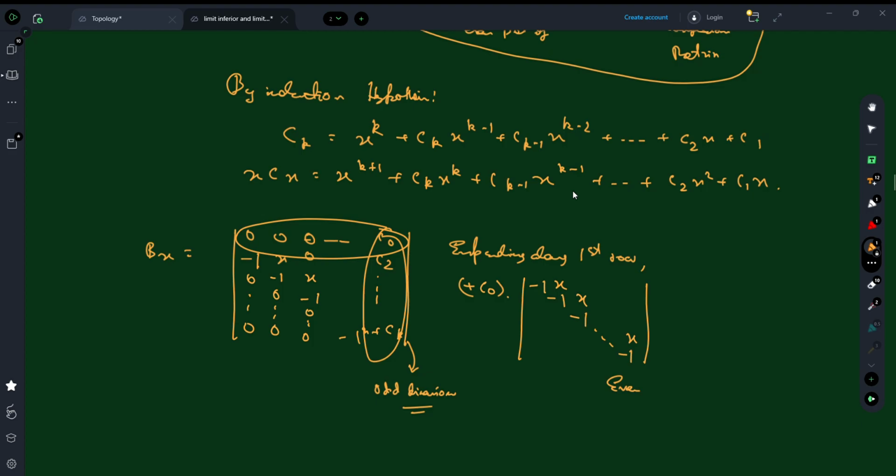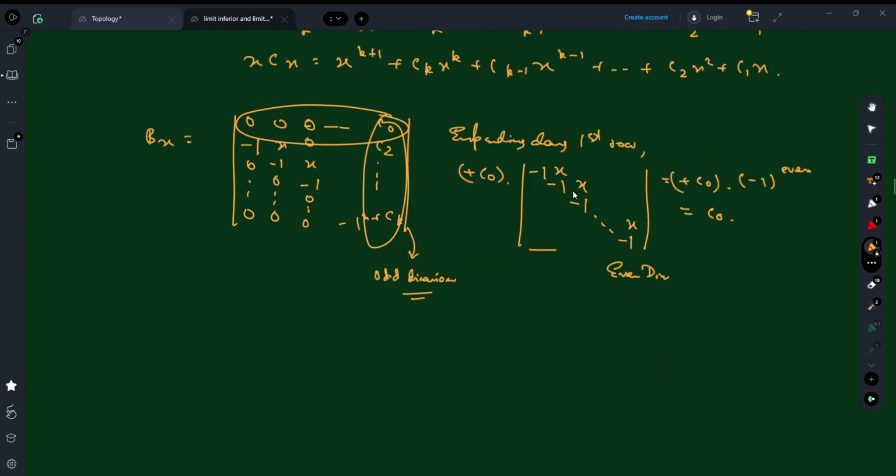So if k is odd, k minus 1 is even. So if this complete matrix is an odd dimensional matrix, then this matrix is typically an even dimensional matrix. If it is an even dimensional matrix, then there are an even number of -1s in the diagonal. So that typically makes it plus C0 times -1 to some even power. So that's exactly C0, right?